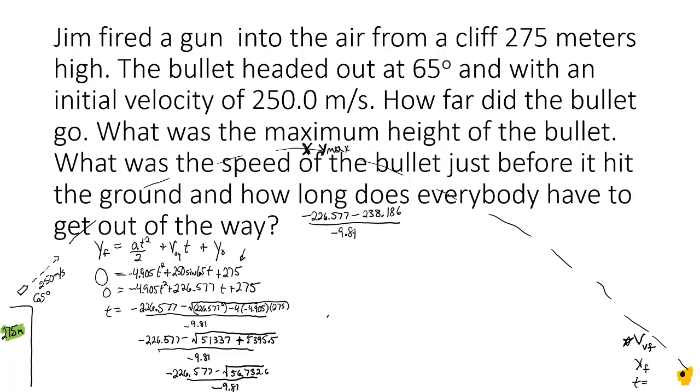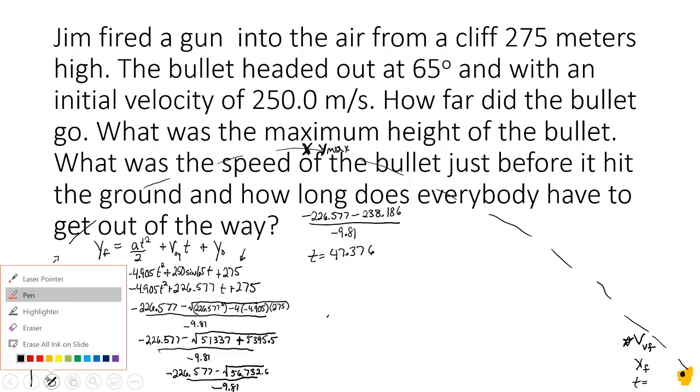So now I'll combine like terms, 226 and 238, all divided by 9.81. We get a positive answer. T is going to equal 47.376. That's one of the answers, how long it took.